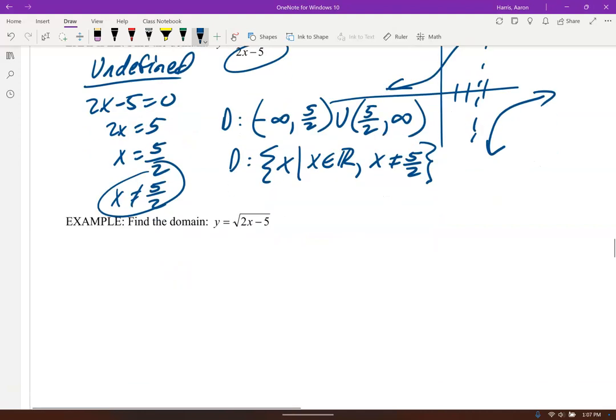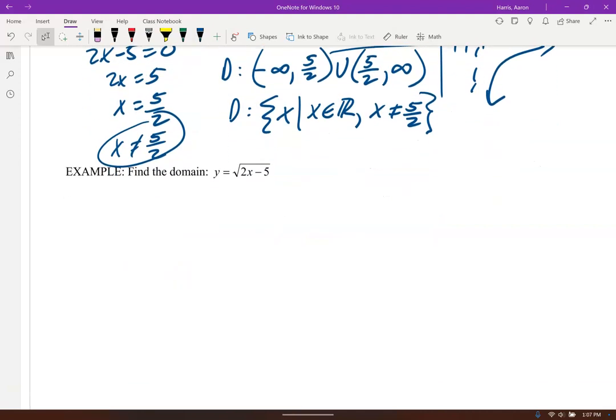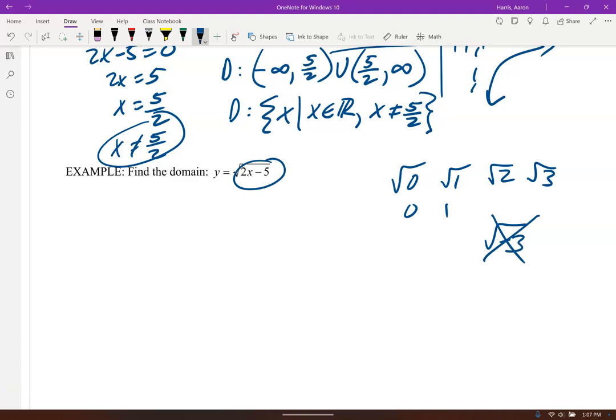Now let's look at the next one here. With a square root, remember we can take a square root of 0, that's 0. We can take a square root of 1 or any positive number, right? We cannot do this, not in the real numbers. Can't take the square root of a negative. So when you see a square root, when you're finding the domain, you say, well, that stuff's got to be greater than or equal to 0.